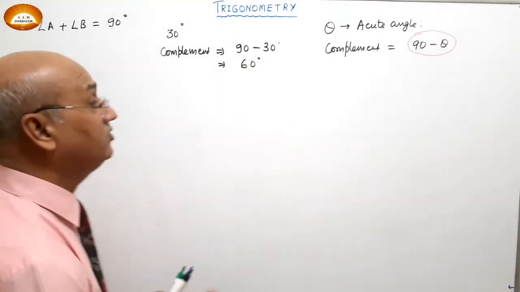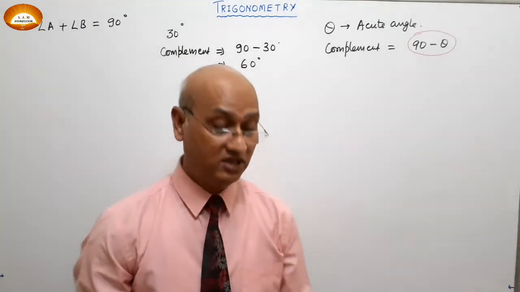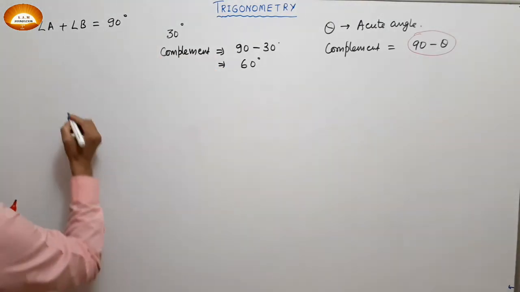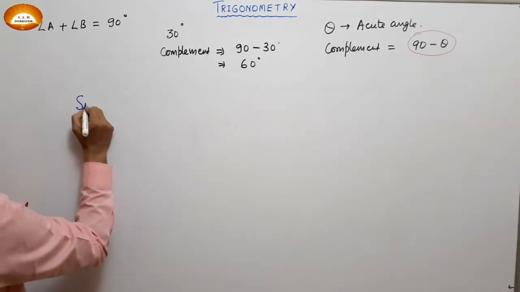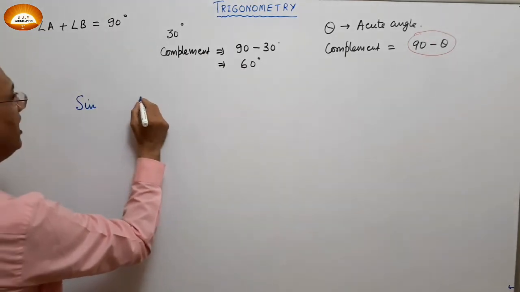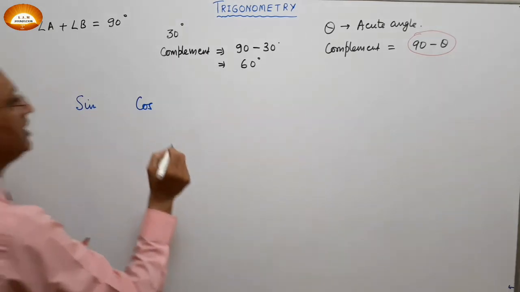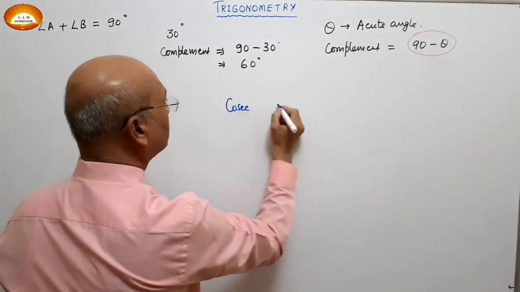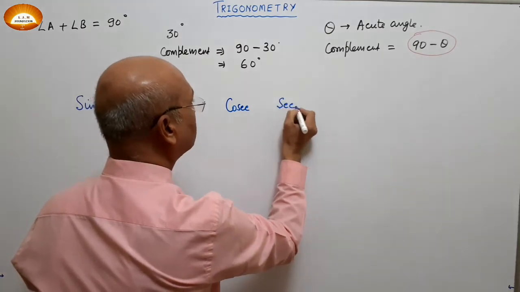See, first you have to remember the combinations. The first combination is sine and cos. Second combination is cosec and sec.